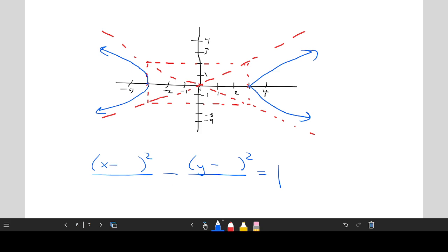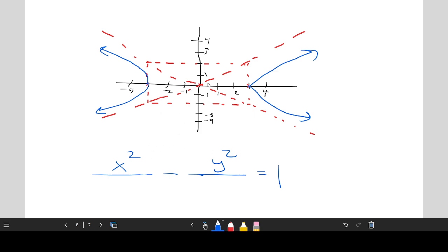All right, and we can see the center is right here at the origin because that's where the asymptotes are intersecting. So we actually have x minus 0 and y minus 0. So I'm just going to write these as x squared and y squared. The x squared term comes first because the branches open left and right.